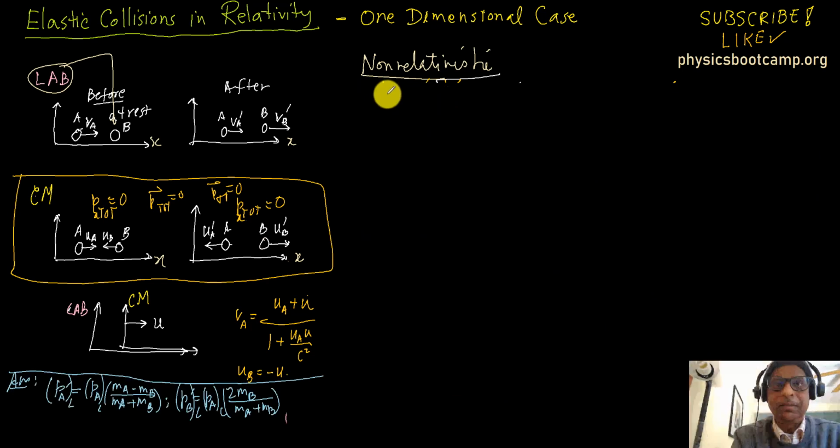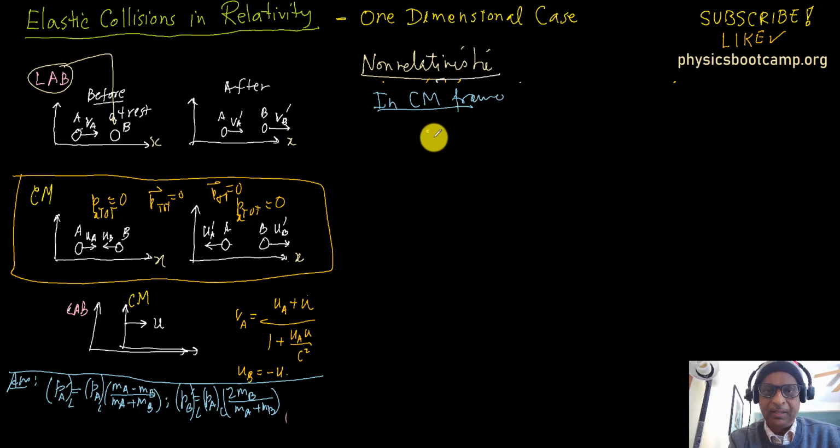Okay, in the CM frame, already we know in this frame we have far fewer unknowns, that MA UA prime, this is already the arrow is backward, so it should be equal to MB UB prime.